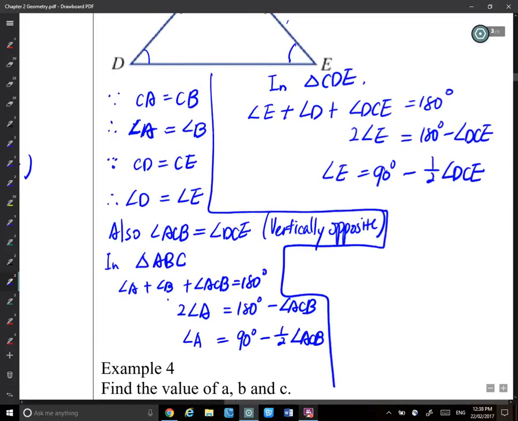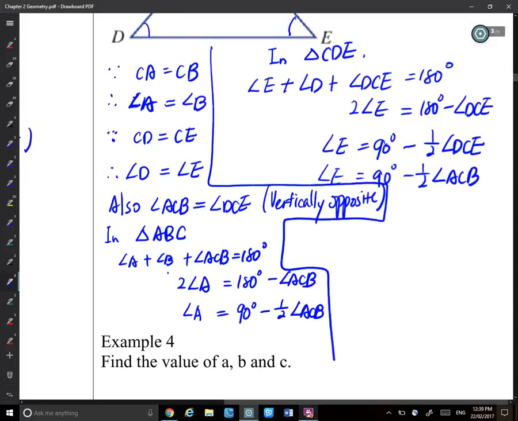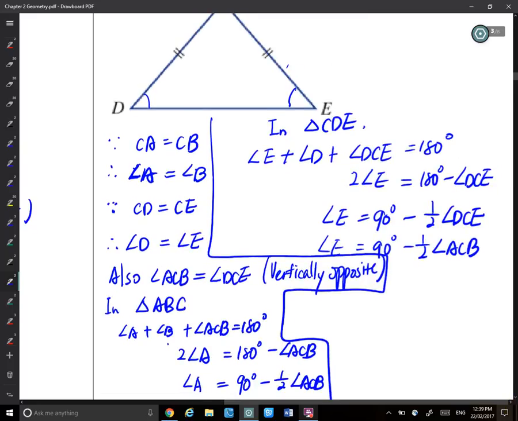Because ACB and DCE are equal, therefore angle E equals 90 degrees subtract a half ACB as well. DCE and ACB are the same value, so I can swap them.